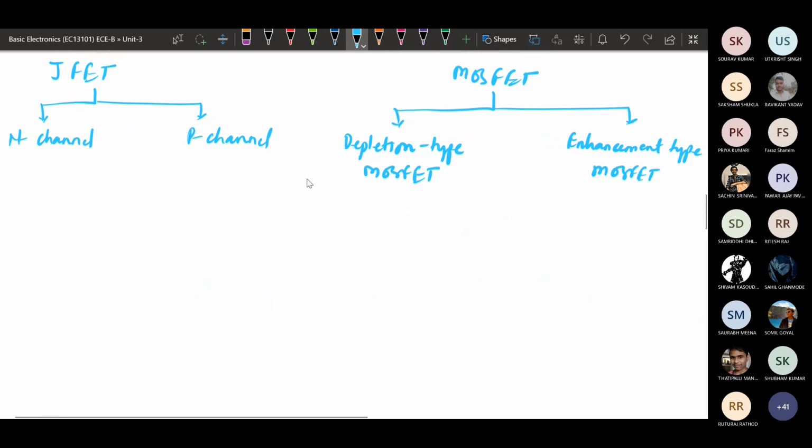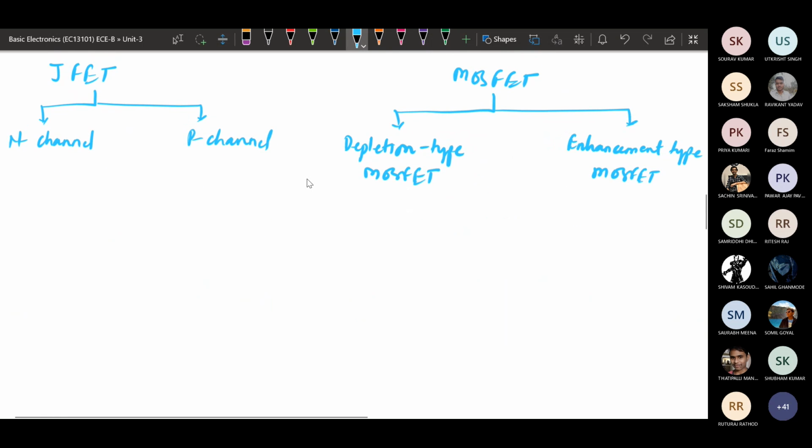Now for the N channel device, we can write its symbol here. If it is N channel, the arrow, or the current direction, will be inside. This is the gate terminal, this is the drain terminal, and this is the source terminal.